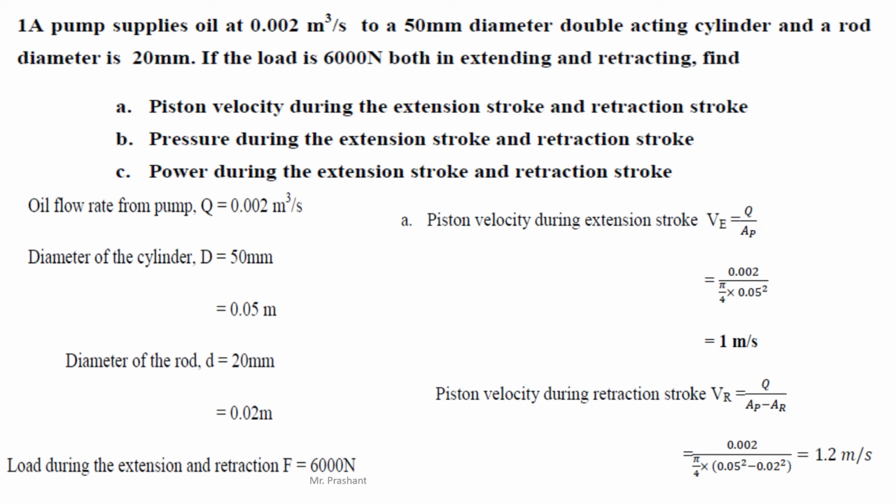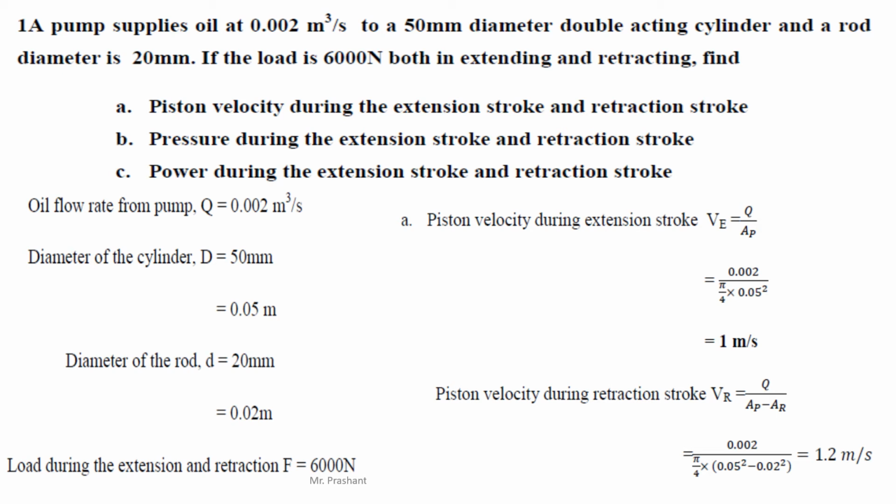So simplify this, we will get 1.2 meter per second. Piston velocity during retraction stroke VR is 1.2 meter per second.